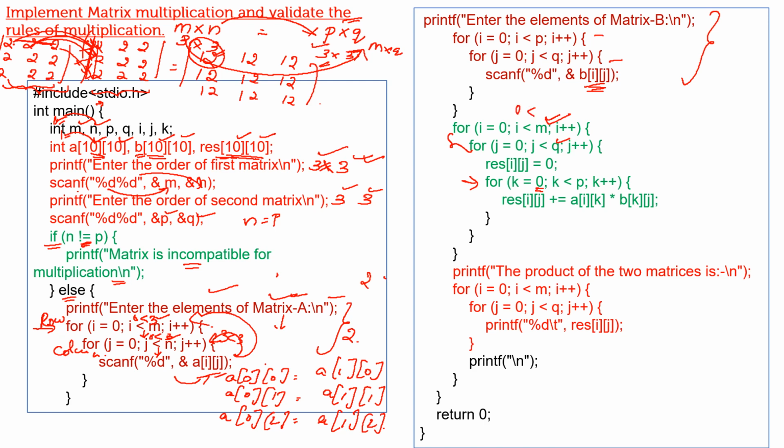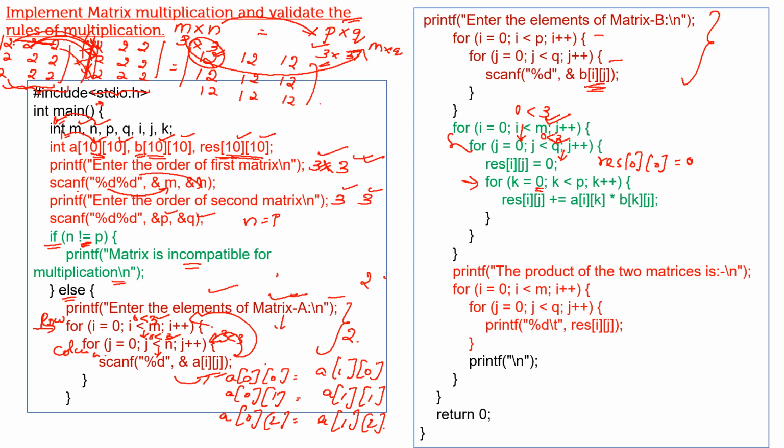So for i is equal to 0, i less than M. Whether 0 is less than, what is your M? 3, right? Yes, it is true. It enters into the loop. So j will be equal to 0. j is less than q. So 0 is less than 3. Yes, again it's true. So it comes inside the loop. Resultant res of ij. So what is this value? Res of 0, 0, where i is 0 and j is 0, is equal to 0.